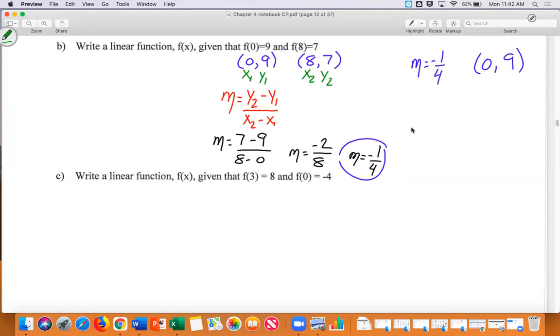All right, step number 1 is label. Step number 2, John. What was that? Yeah, right, y equals mx plus b, nice job.